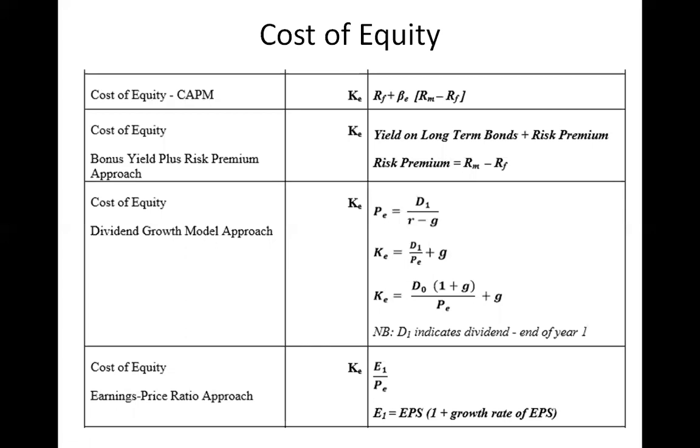All of you please write down. Dividend at the end of the year. D1 is dividend at the end of the year. And D0. What is D0 here? D0 is dividend at the beginning of the year or previous year. Hope you are writing down.